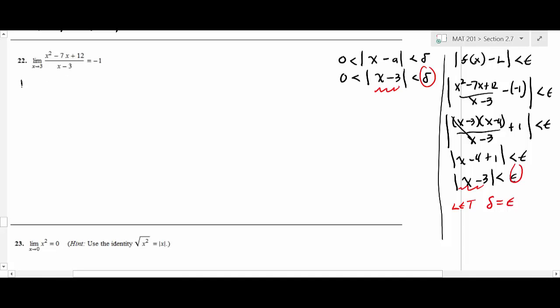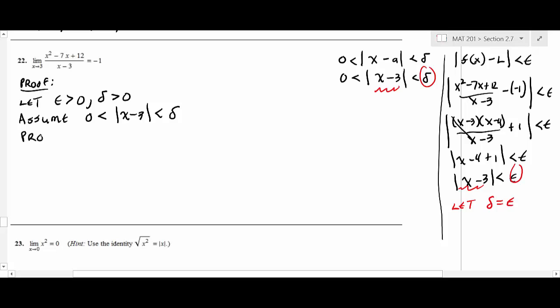Okay, so when we formally write our proof, we write it like this. First thing is you always want to start by saying let epsilon be greater than 0 and let delta be greater than 0. You're always going to assume this part. You're trying to prove that becomes this. Okay, so we're going to assume that 0 is less than the absolute value of x minus 3, and then that's less than delta.